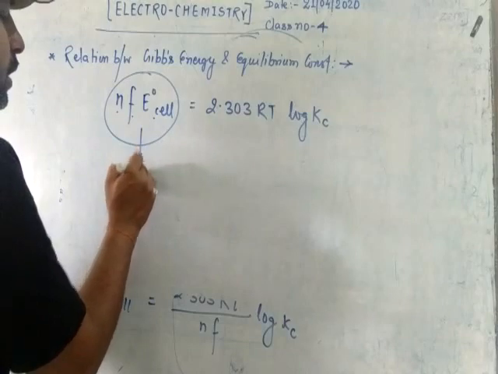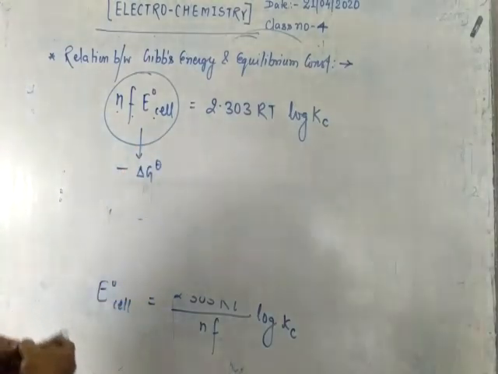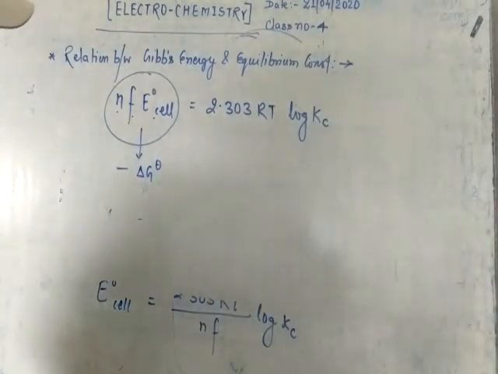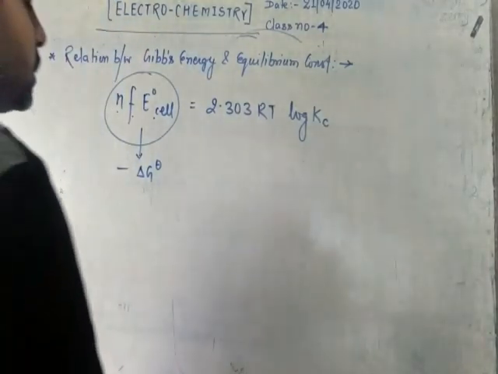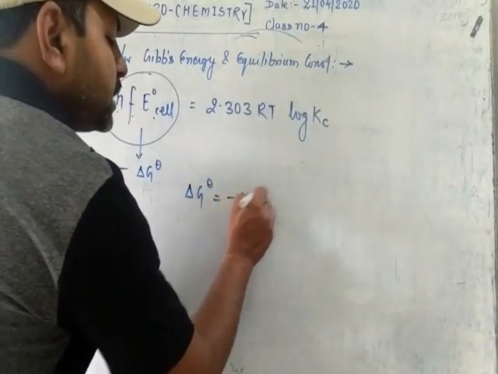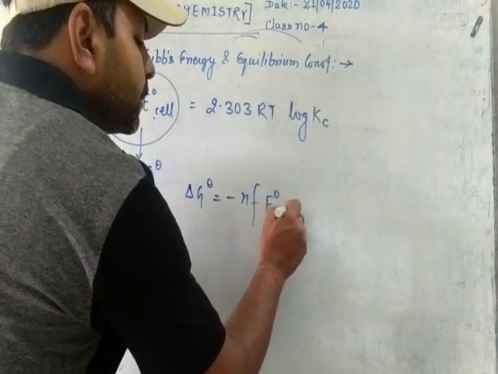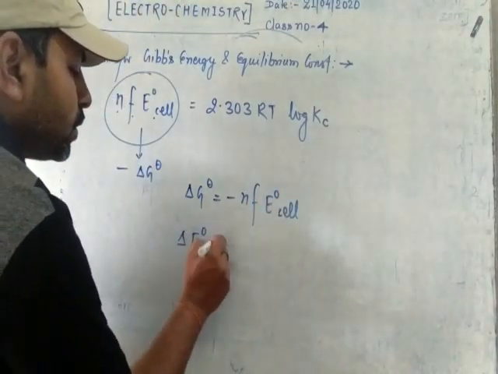So students, we know that nFE0 cell is minus del G standard. It means the decrease in free energy or Gibbs energy. So del G equals minus nFE0 cell.